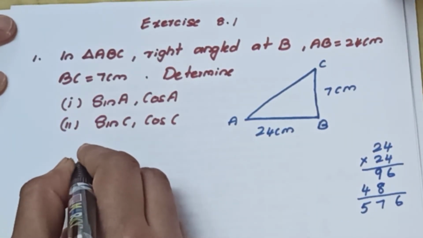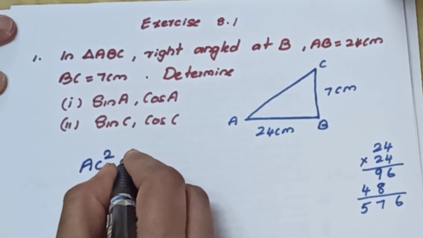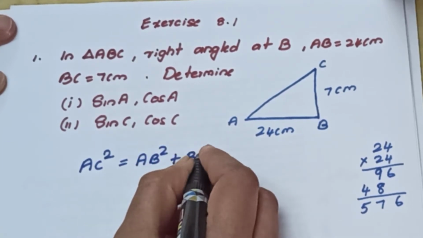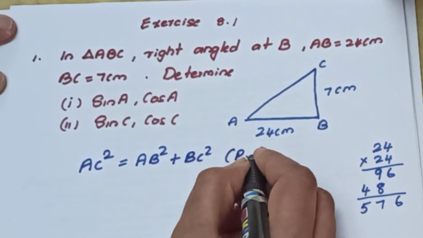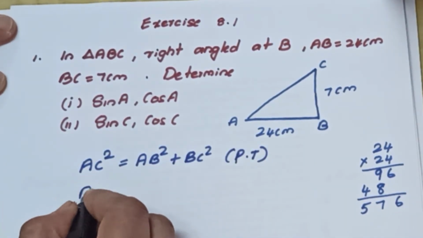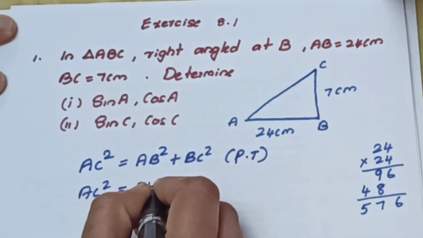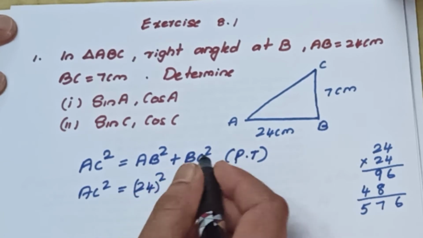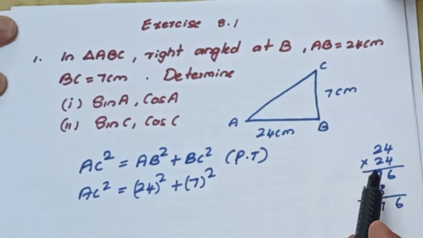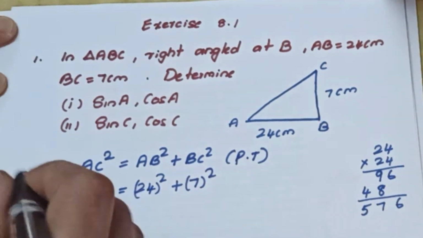By Pythagoras theorem, AC square is equal to AB square plus BC square. What is AB square? 24 square, plus BC square. BC is 7, so it is 7 square. 24 into 24 is equal to 576.